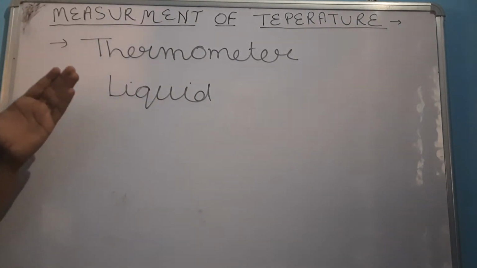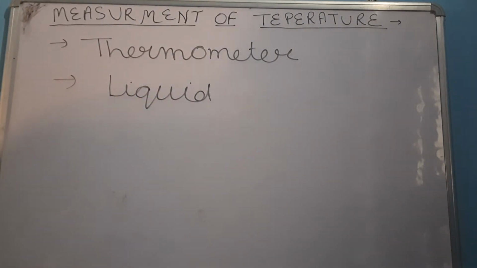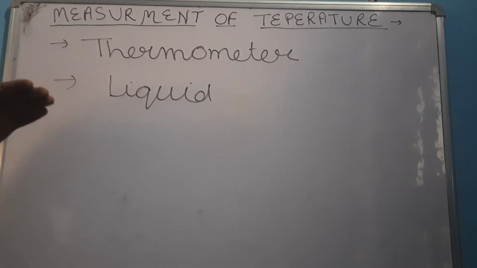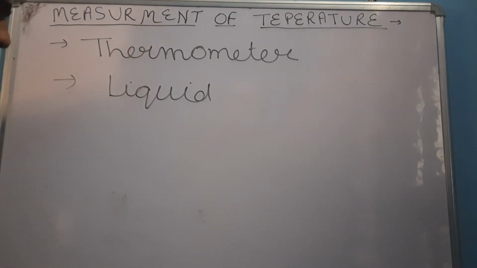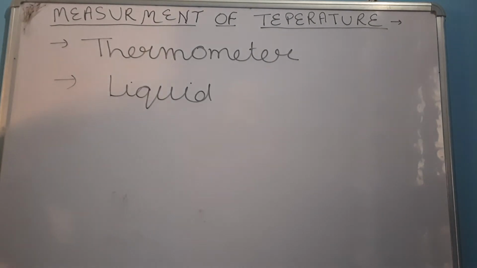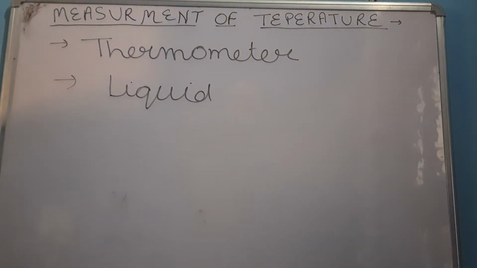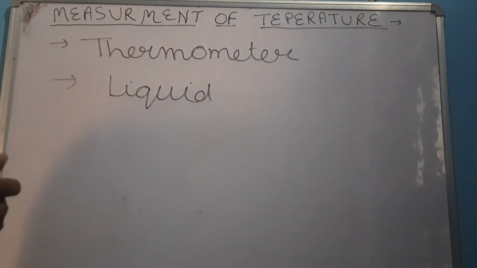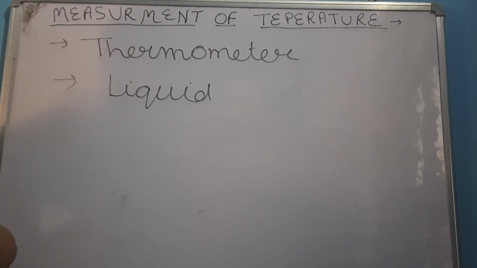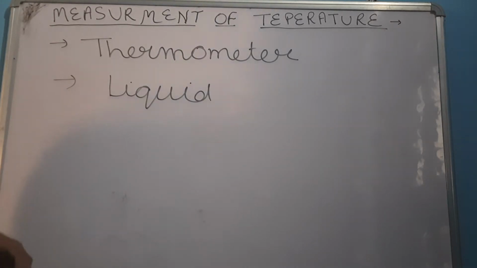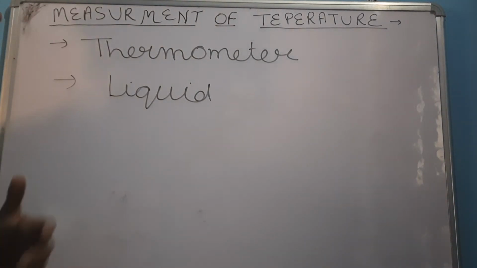Okay, so we need two fixed points, that is two reference points, a starting point and a maximum point, with the help of which we can measure the temperature easily. When we heat a liquid, in the beginning the heat is utilized by the liquid in deforming the bonds or as internal energy.